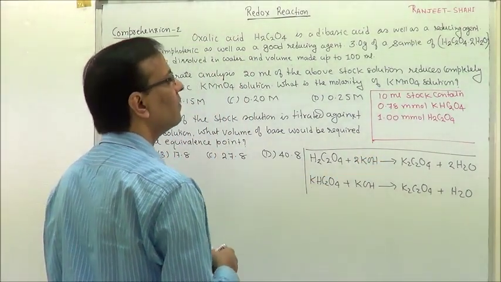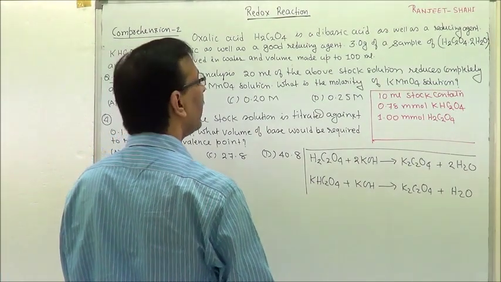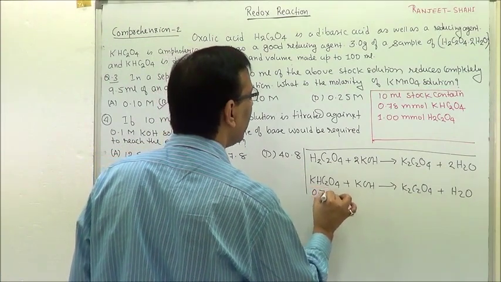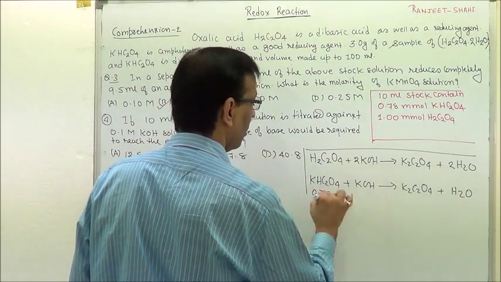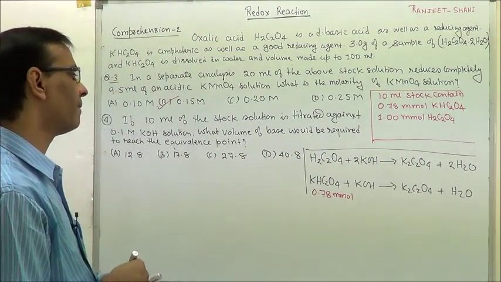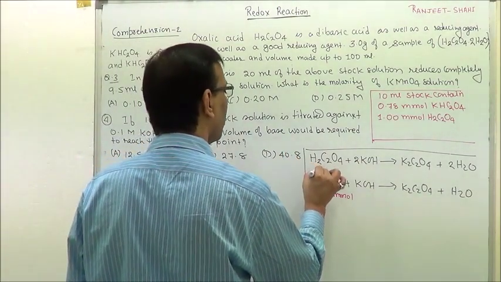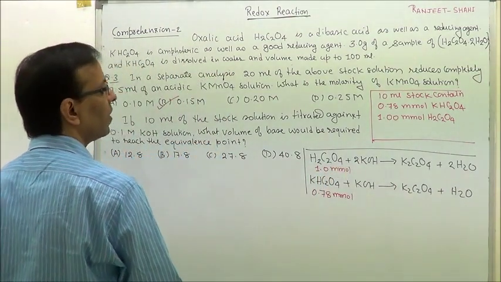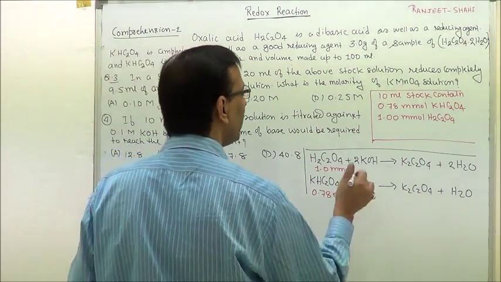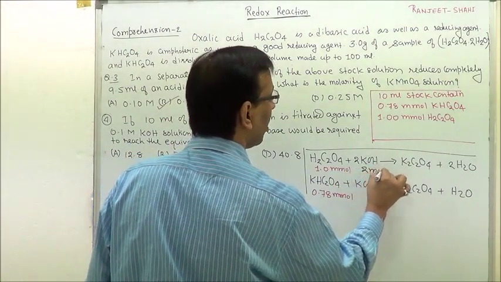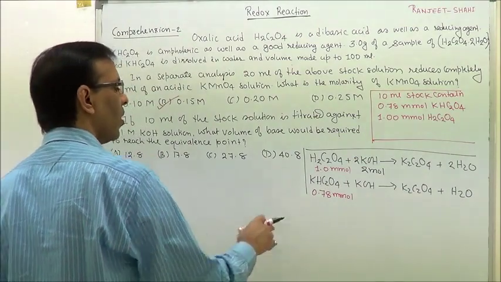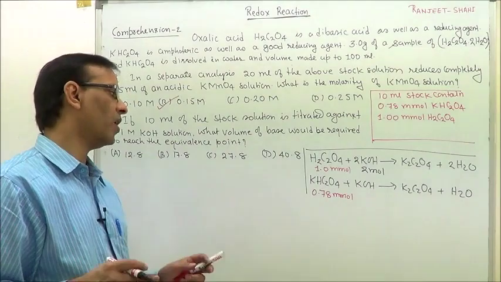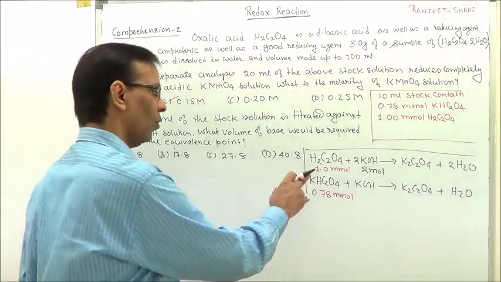So in 10 ml we have 0.78 millimole of KHC2O4 and 1 millimole of oxalic acid. 1 millimole of oxalic acid will require 2 millimole of potassium hydroxide, whereas 0.78 millimole of potassium hydrogen oxalate will require only 0.78 millimole of KOH, 1:1.